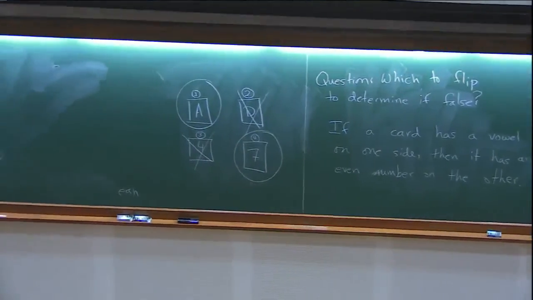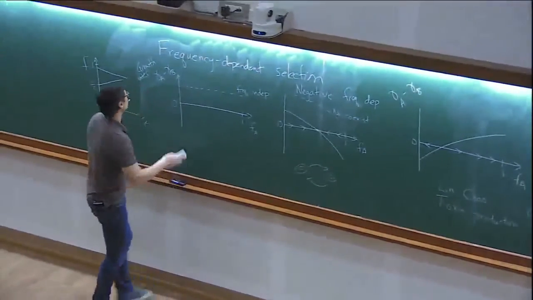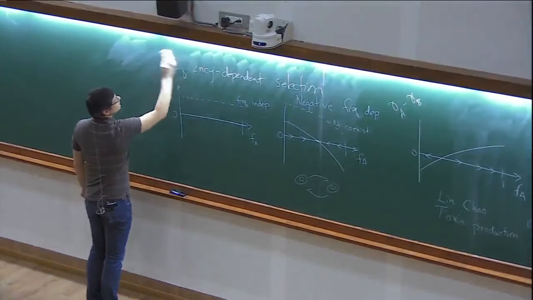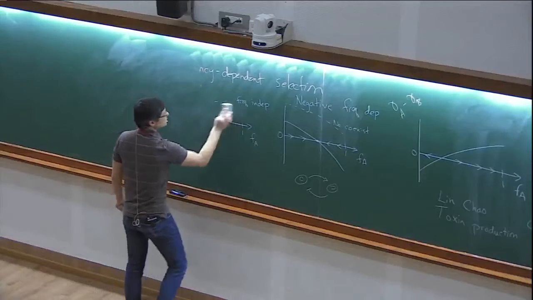Okay, so I just want to spend a little bit of time thinking about these simple two-player games from game theory, because it allows us to tie in with another field in a way that I think is interesting.